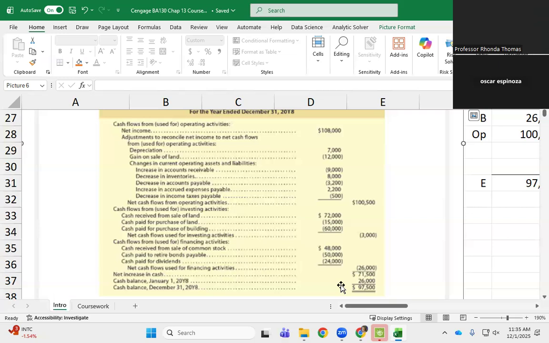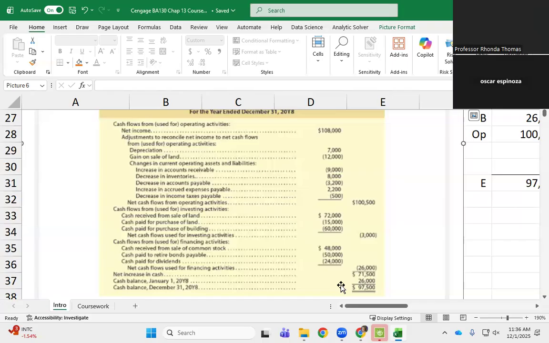If you look at this cash flow statement, I haven't even taught you the recipe, but the operating section had $100,500 in net cash flow. So this caused cash flow to go up. If you look at investing, when it comes to directly reporting cash, you always put positives before negatives.